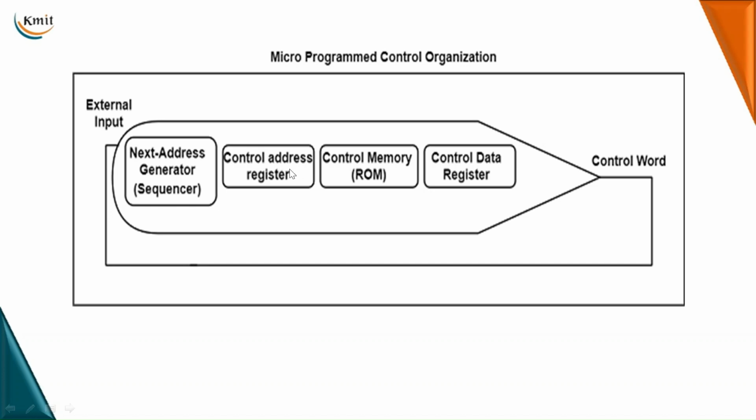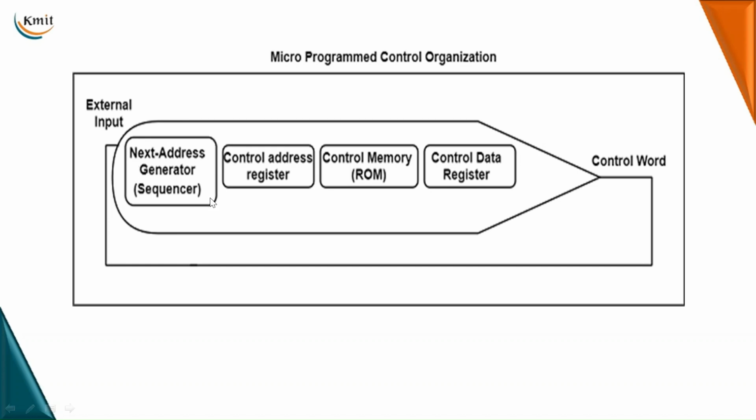By looking at the address in the control address register, it goes to that address in the control memory, fetches that particular instruction from the control memory and stores it into the control data register. The particular instruction that is fetched is stored into the control data register.